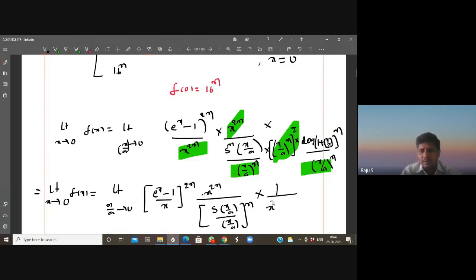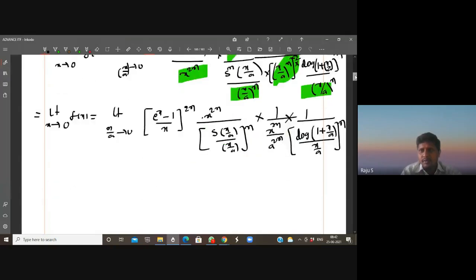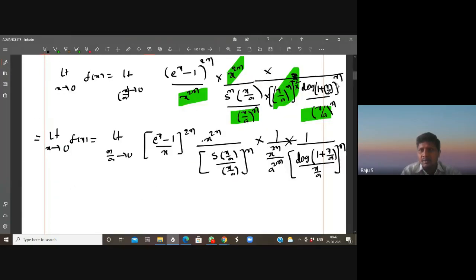Shall I write here x power 2n by a power 2n? Yes, we can write into 1 by, these are all in the denominator only, 1 by a log of 1 plus x by a whole to the power of n. Yes or no? I have written log 1 plus x by a whole power n is there, x by a whole power n is there.